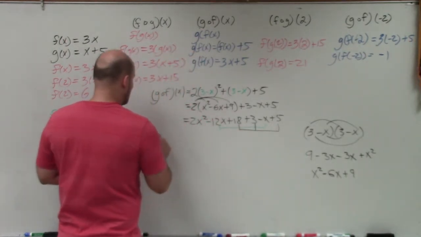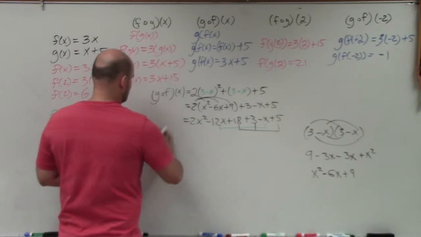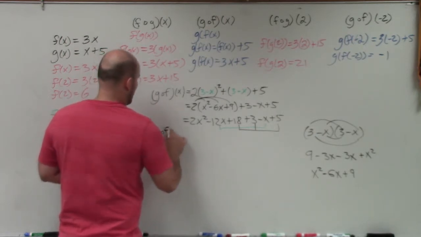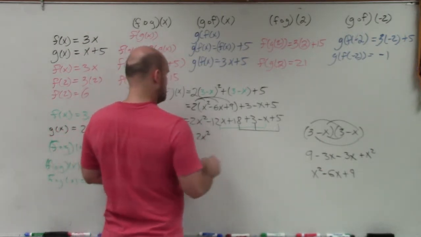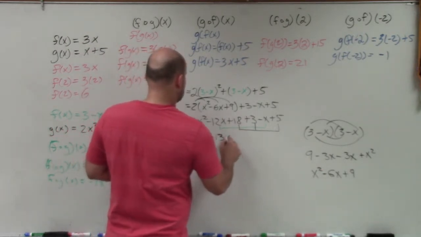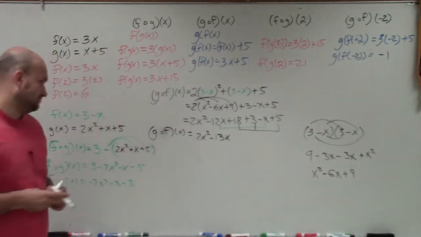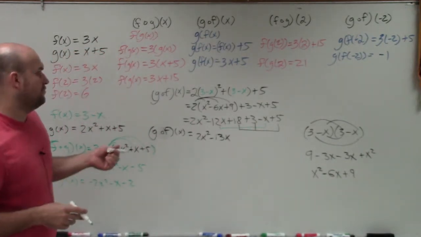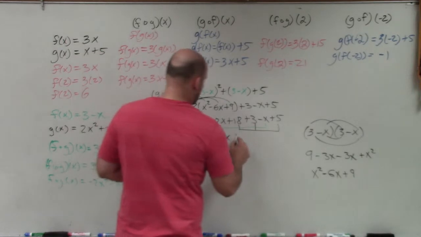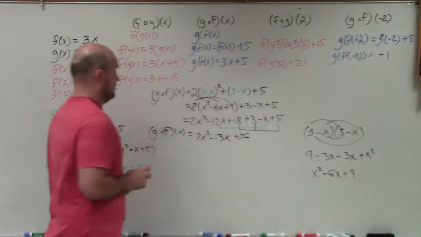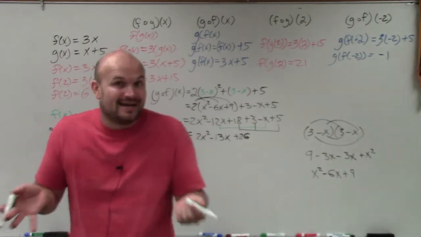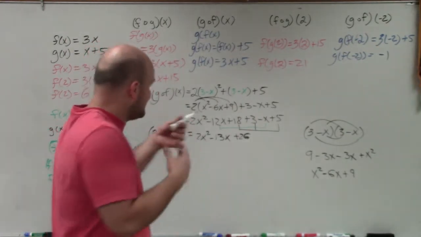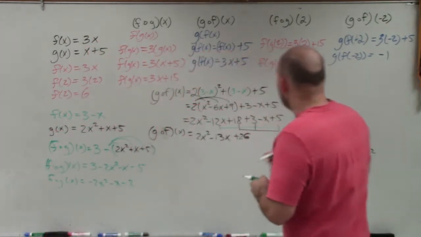So my final answer is g of f of x equals 2x squared minus 13x plus 26. Whew. It didn't look like a lot of fun, but we did it, right? It wasn't that bad. It's possible. It just took a little bit of extra work.